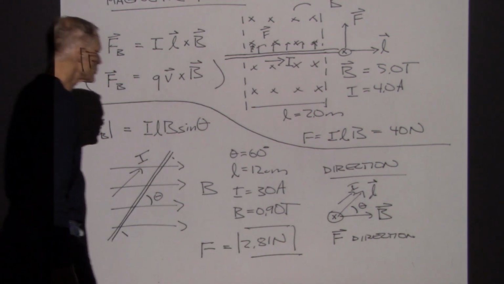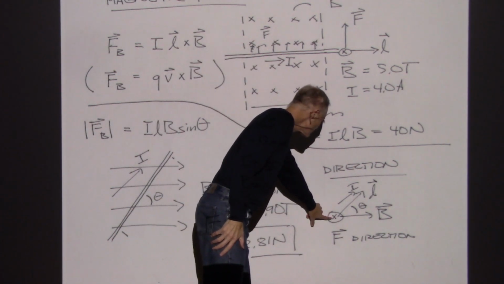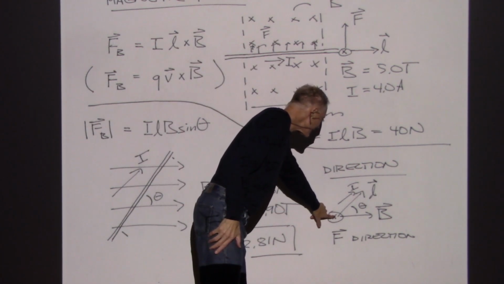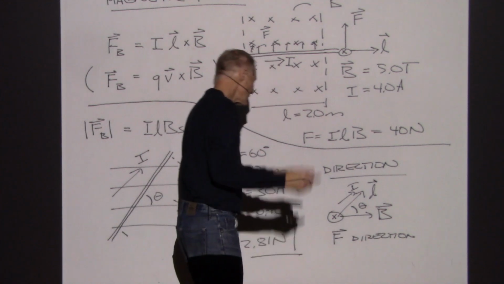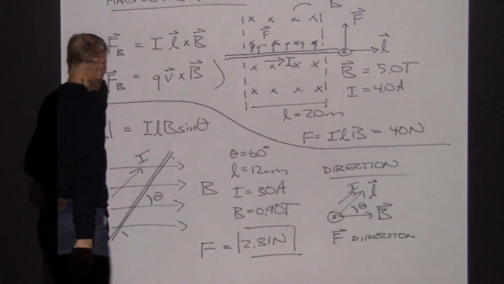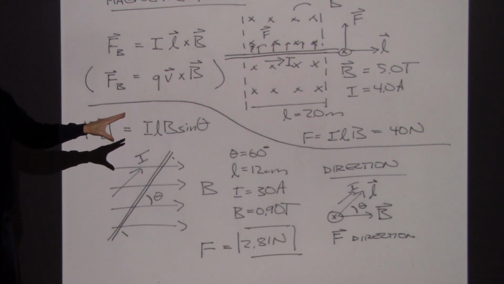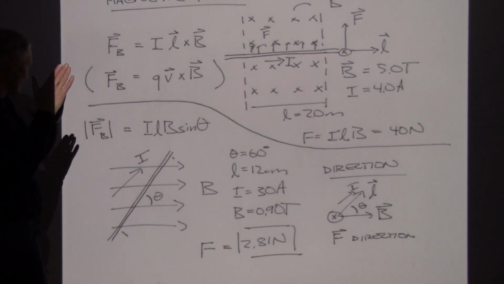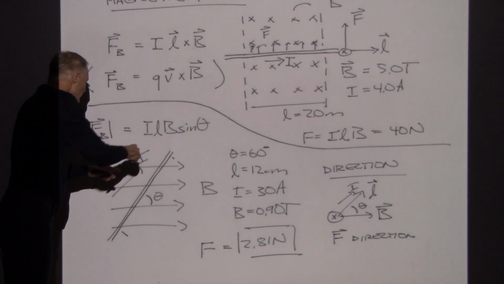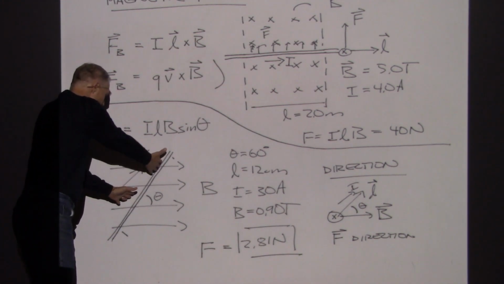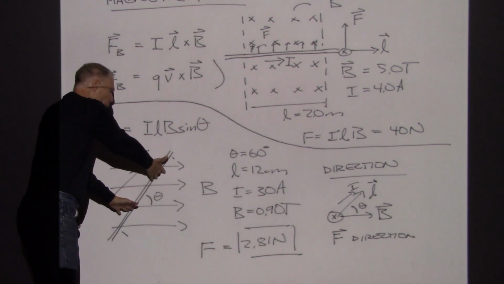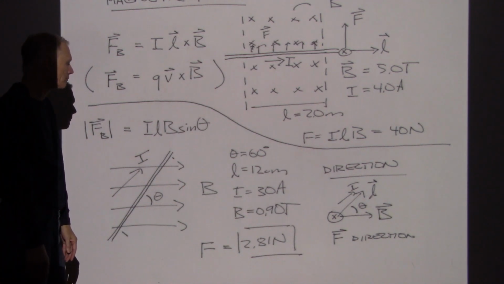So the force is going to be into the wall, and that's why I use an X to represent that the force is now into the wall. So with this current going through the magnetic field, with the orientation we've drawn, that wire is going to experience a force that is pushing it back in that backwards direction into the wall.